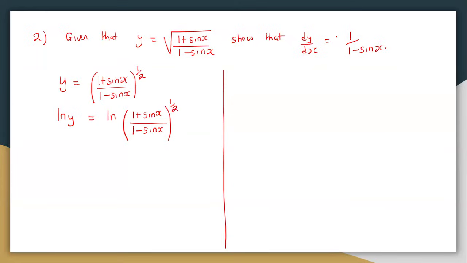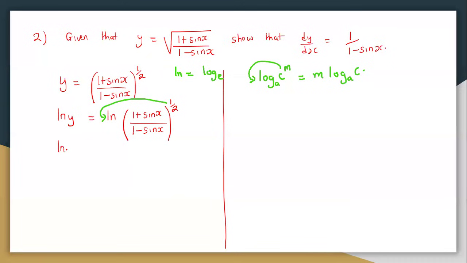Now, ln is the same as the natural log, that is log to base e. You know very well from logarithms that if I have log base a of c to the power m, this m can come to the front, and this is the same as m log base a of c. So this half here we can bring to this side, such that it becomes easier for us to differentiate.